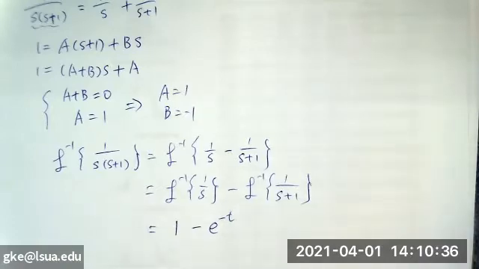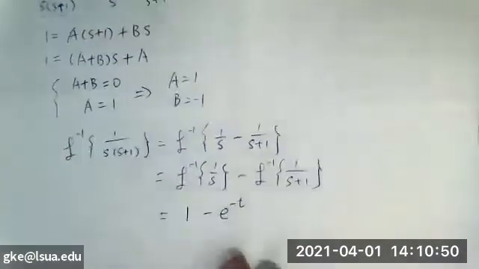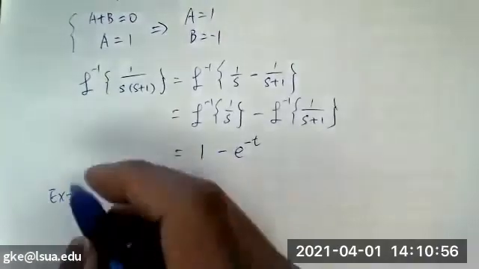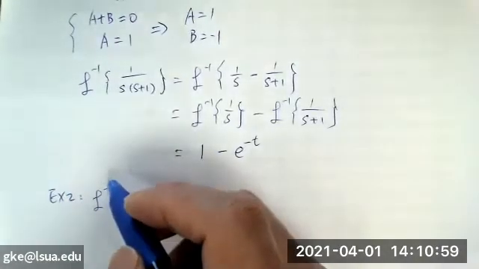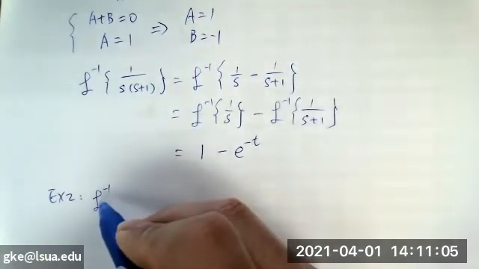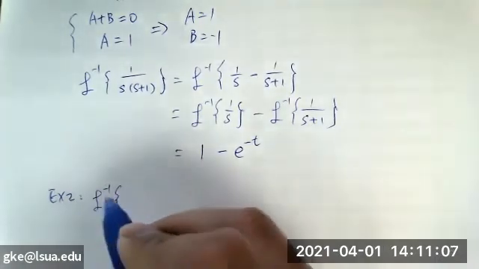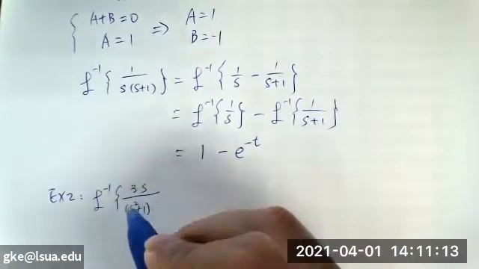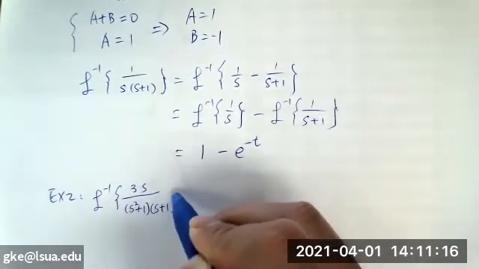Oh, let's take a look at this one. So, for example, how to find the inverse of 3s over s squared plus 1 times s plus 1.